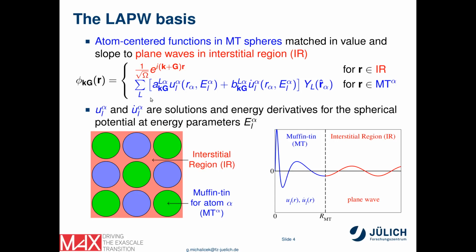In the muffin-tin spheres, the representation consists of radial functions times spherical harmonics, and these radial functions are the functions u and u dot, which are solutions and energy derivatives for the spherical potential at certain energy parameters, E_l^alpha. We also have there these A and B matching coefficients, and they are determined by enforcing continuity in value and slope of the basis functions for the respective L channel.